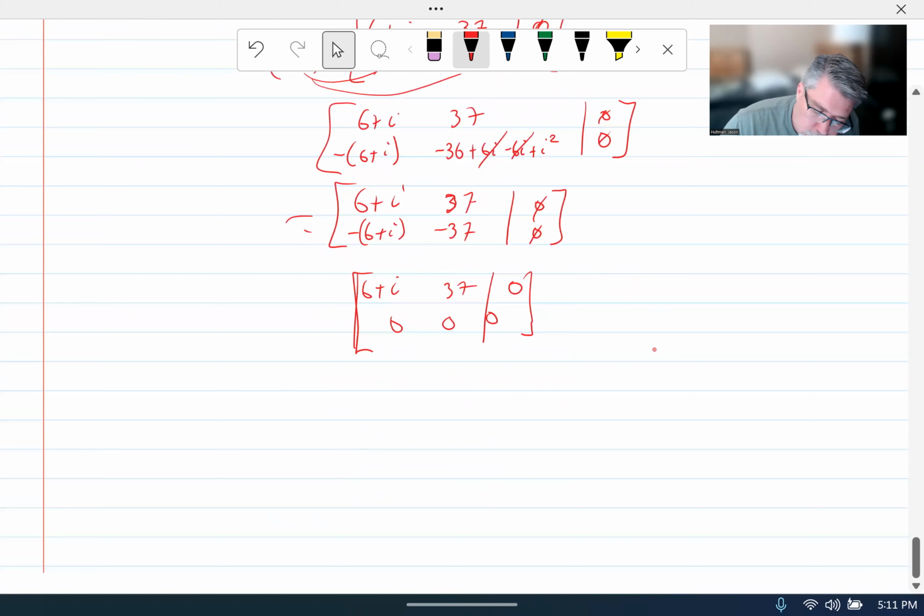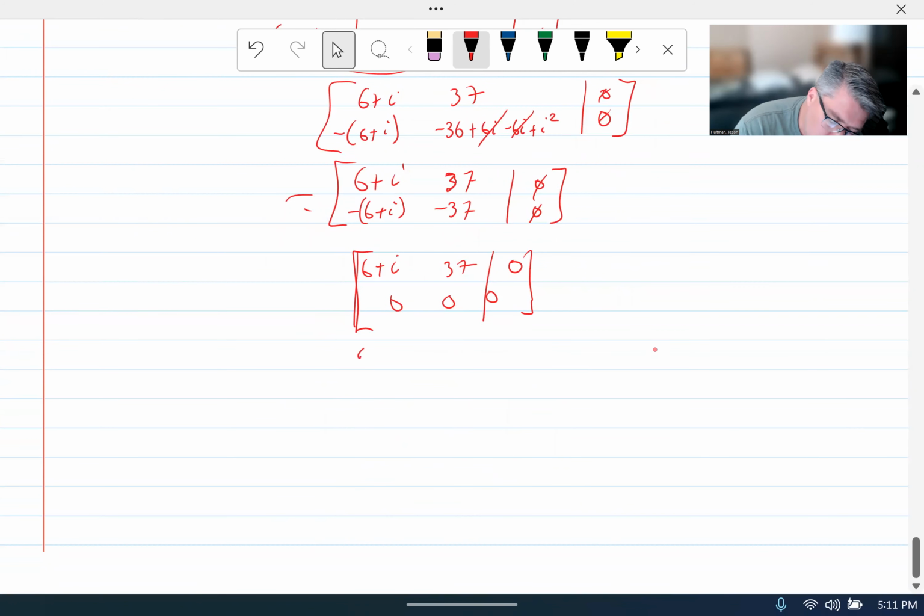And so that tells me that 6 plus i times b1 plus 37 times b2 is equal to 0. Let's solve for b2.